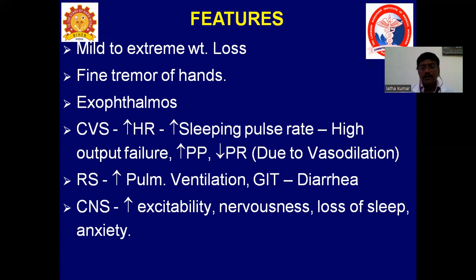I already told you increased thyroid hormone leads to diarrhea and increased appetite. And the CNS shows increased excitability, nervousness, loss of sleep, anxiety.